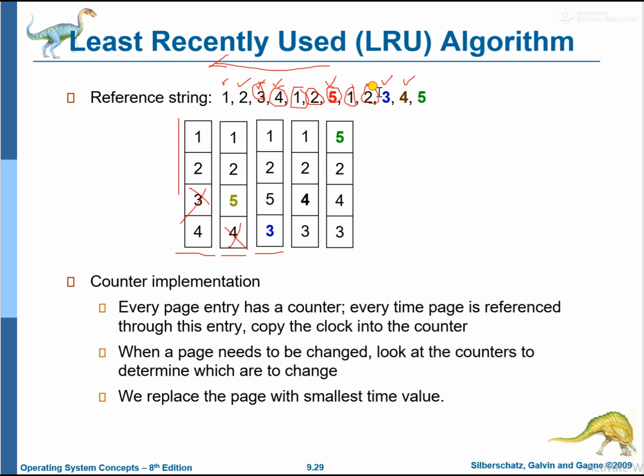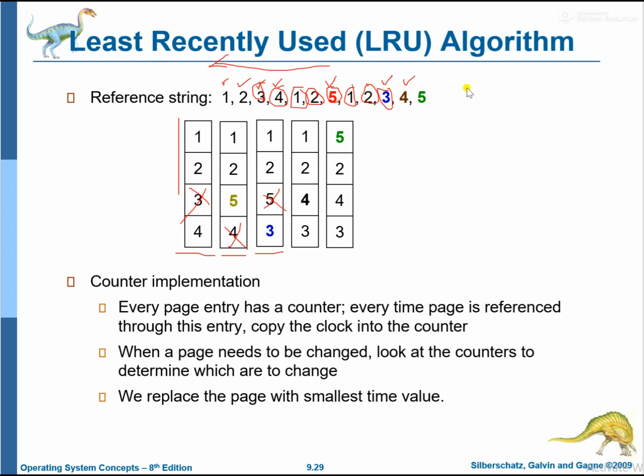So 3 we used over here. If we go back from 4, 3 is being used at this time. Okay, 2 at this time, 1 at this time and 5 at this time. So 5 is the one that is farthest on the line right now. So 5 will be chosen as a victim and 4 will be loaded at the place of 5.